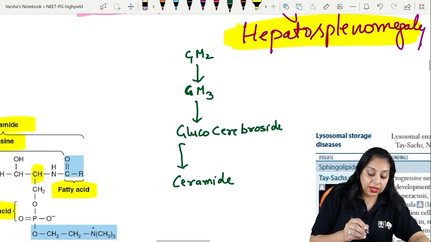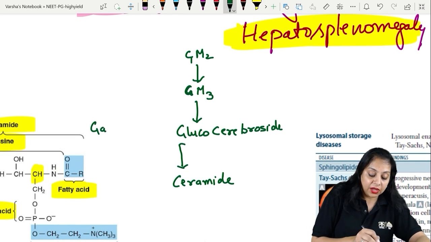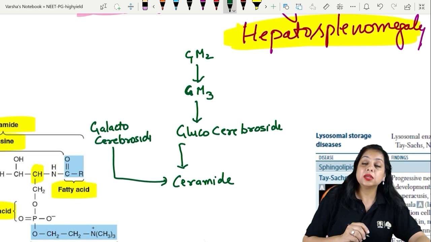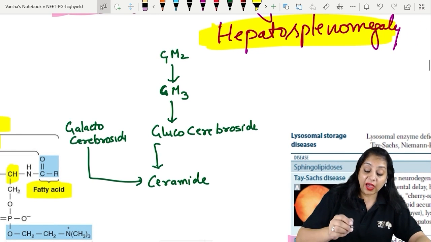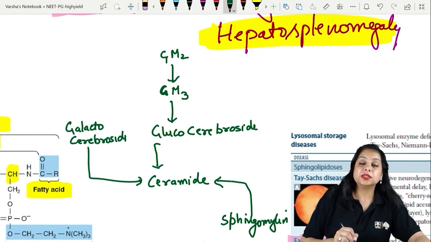Similar to glucocerebroside, you have the galactocerebroside also, which breaks down to give you the ceramide. Similarly, you have sphingomyelin, which breaks down to give you the ceramide.